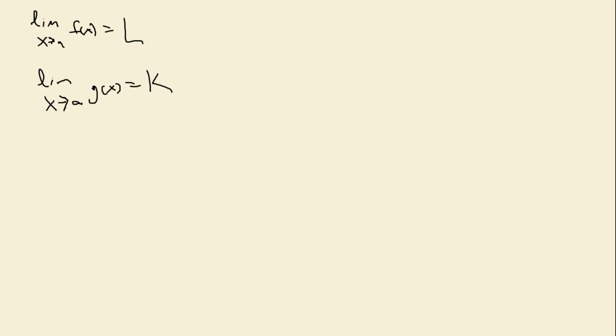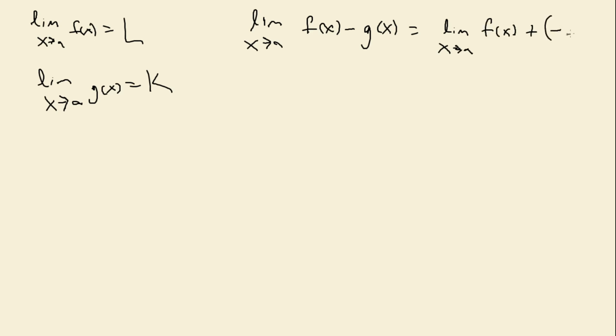If we know this, then we could say that the limit as x approaches a of f of x minus g of x is simply equal to the limit as x approaches a of f of x plus negative g of x.